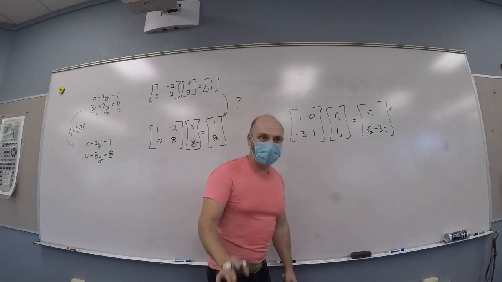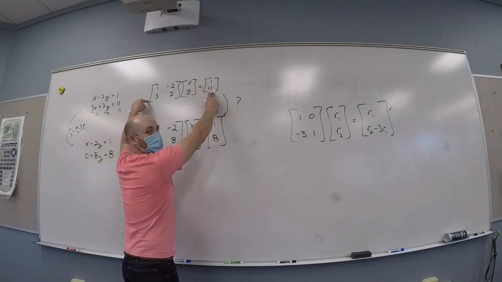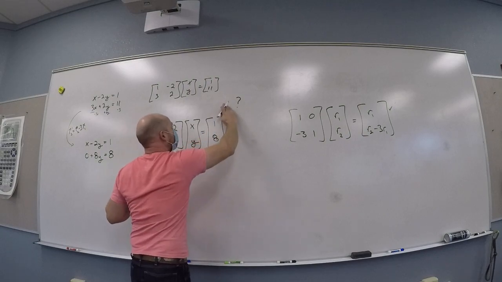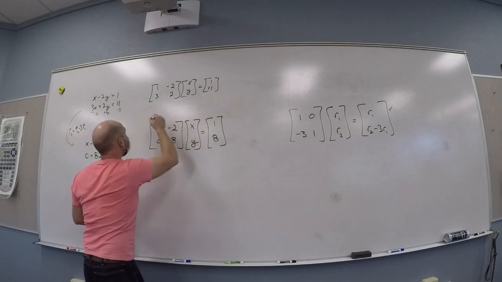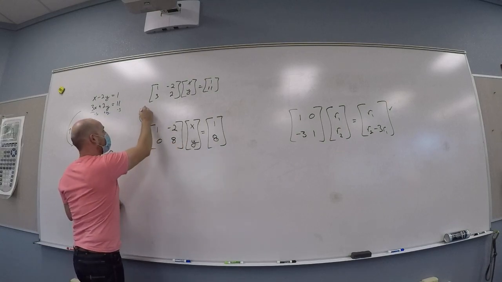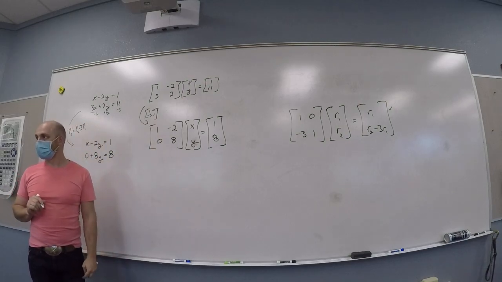Yep. So, what happened here was we took this equation and then to both sides from the left, we applied the matrix 1, 0, -3, 1. You guys see that?